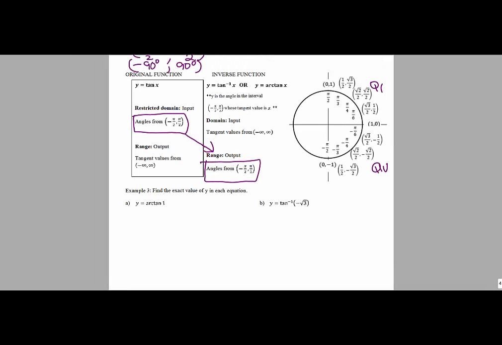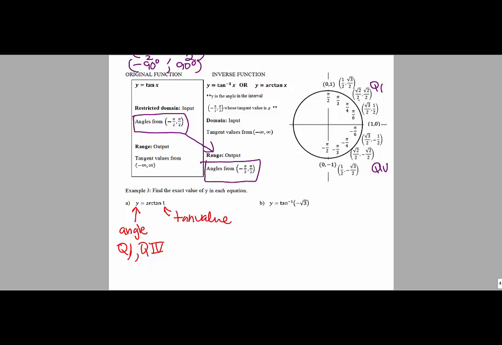So very similar to the idea of sine. Here we are looking for an angle, and we're talking about arctangent of 1, so we want to figure out an angle from quadrants 1 and 4 who have a tangent value of 1.